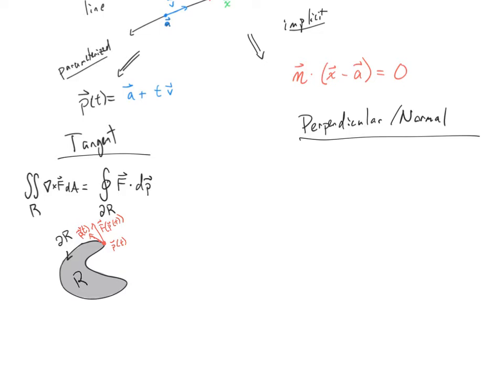So we looked at P prime of t, and this dot product is comparing the tangent direction of the curve to the vector field and seeing how much they agree.